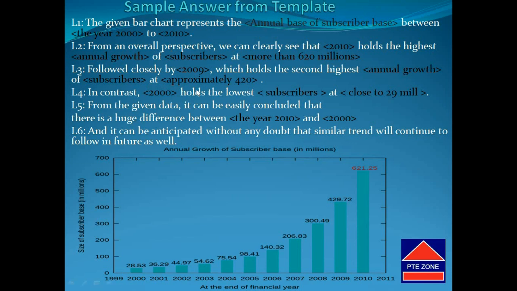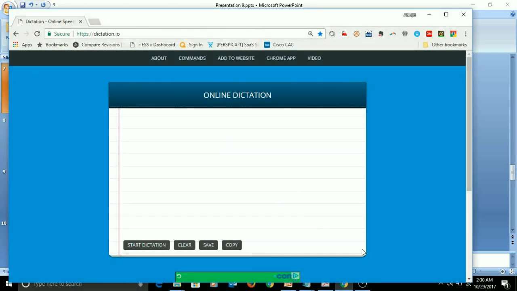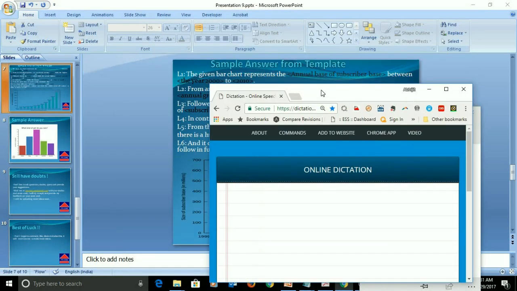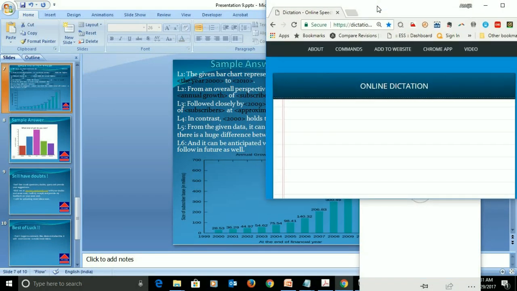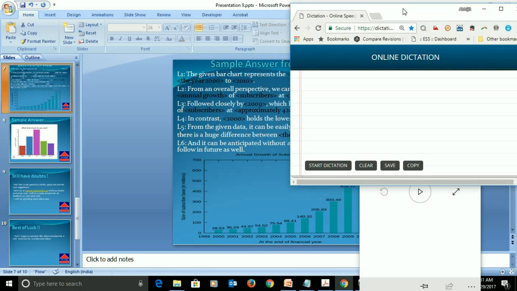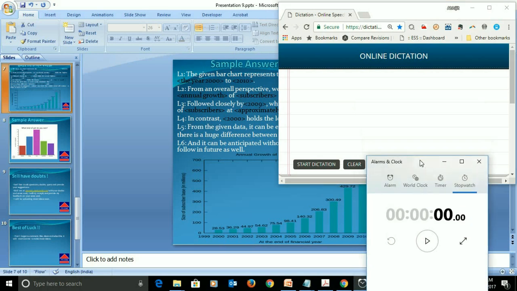If you want, I can also check with the dictation.io while speaking, and also check what I was speaking. I mean, how much time I take while speaking, right? So if you have gone through my previous video, you can understand why I am using this dictation.io and why I am using this timer.